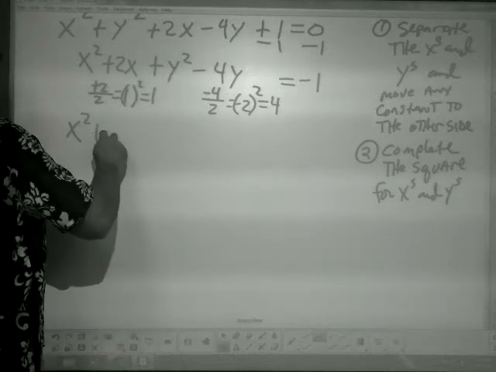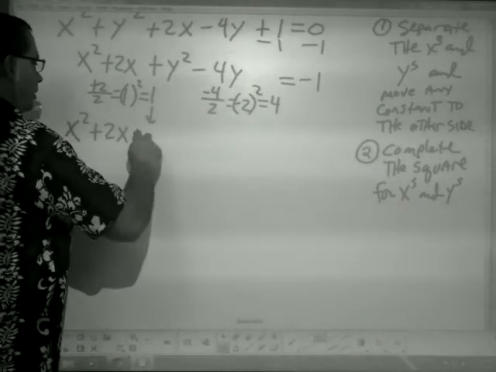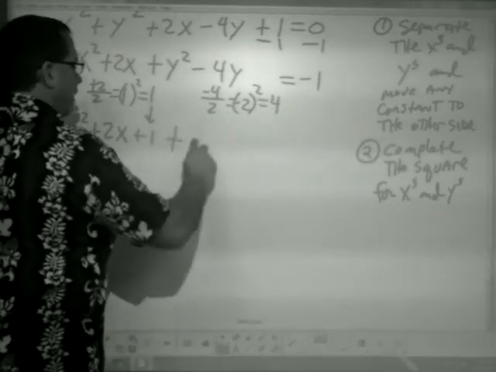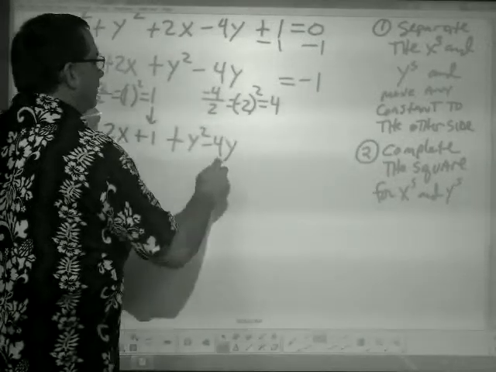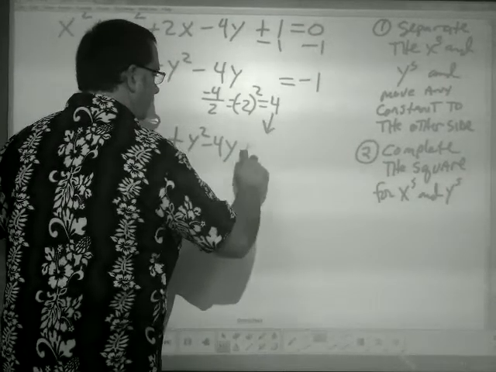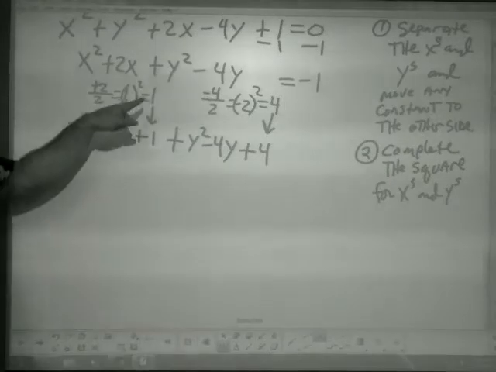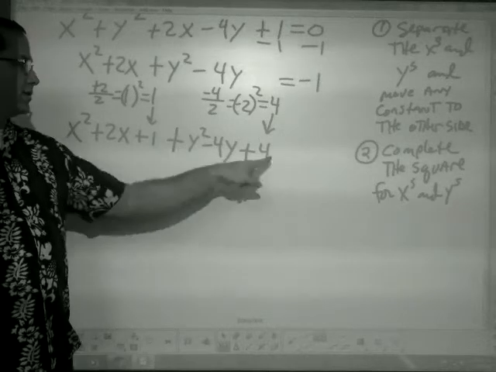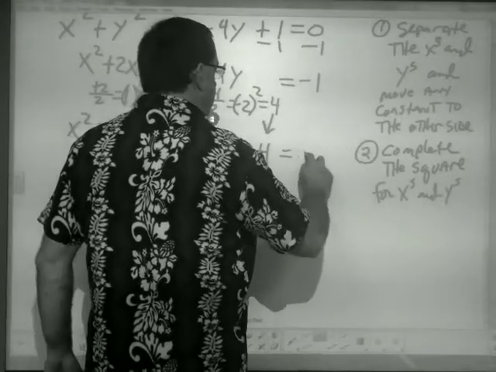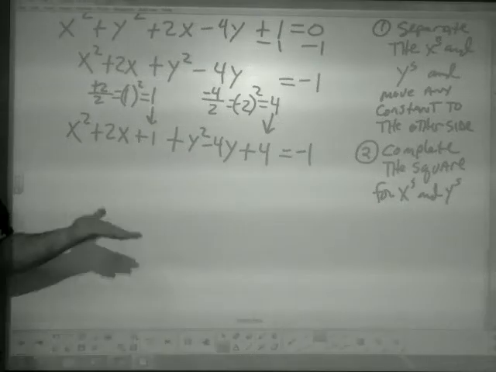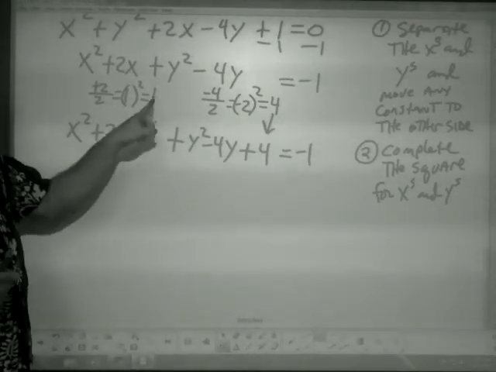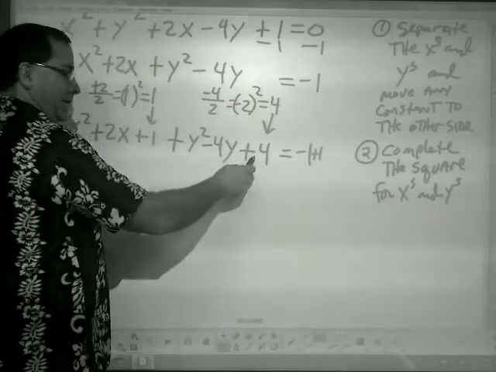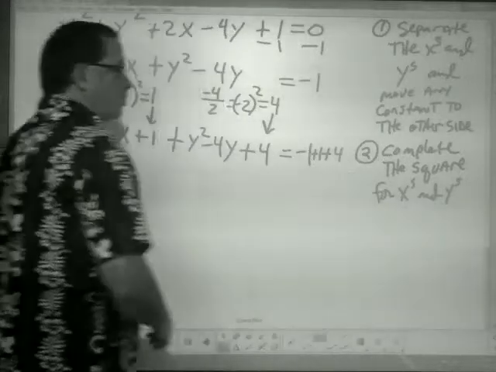So I have x squared plus 2x, and then this number, plus 1, plus y squared minus 4y plus 4. So complete the square here for the x's, complete the square here for the y's, equals -1. But again, in order to be fair and equal, whatever I added here, I have to add to this side, +1. Whatever I added here, I have to add to this side, +4.